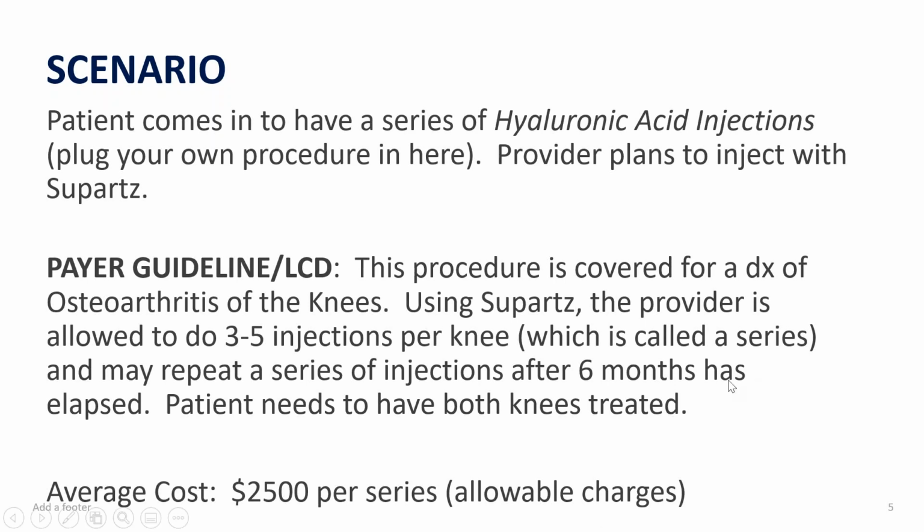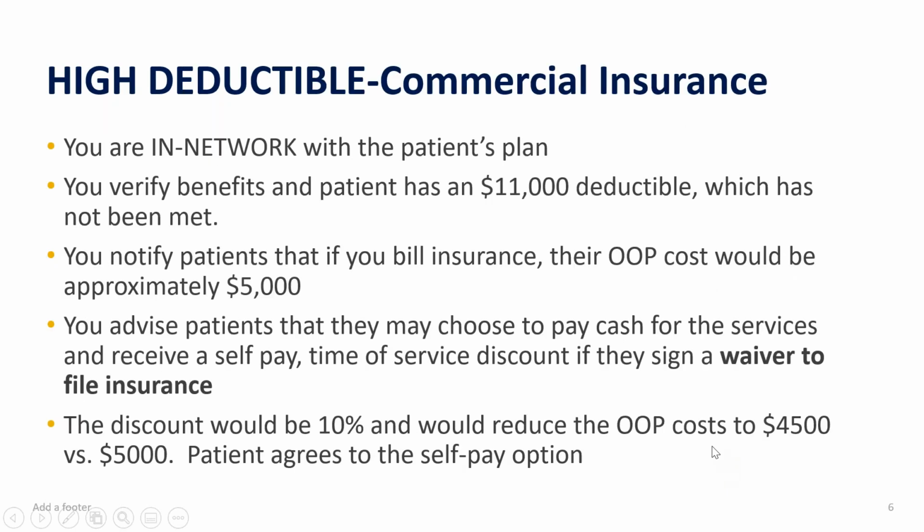And so if you were to verify the patient's benefits, number one, this is based on you being in network with the patient's plan. You do not have to do waivers for out-of-network plans because you're not required to file insurance if you're out of network. You can give the patient a walkout statement and they can take that and self-file.